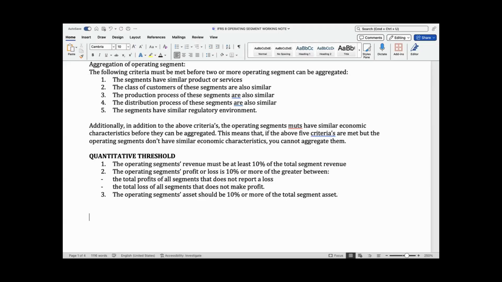Additionally, where reportable segments have been identified, the total revenue of the reportable segments must be 75% or more of the total revenue of the entity.